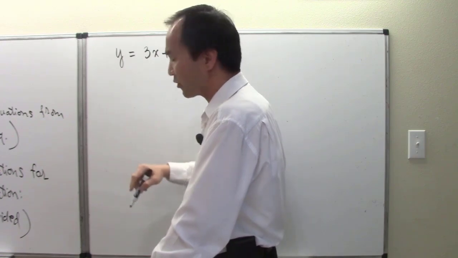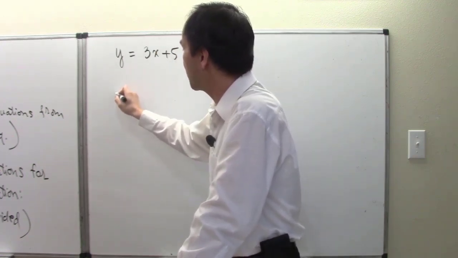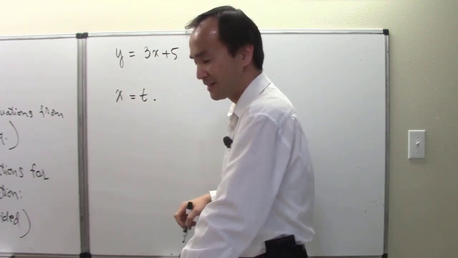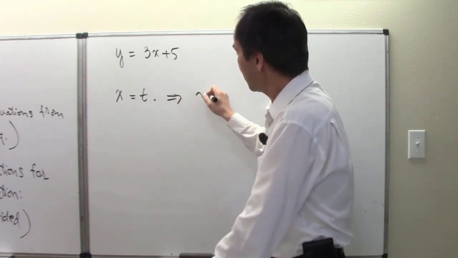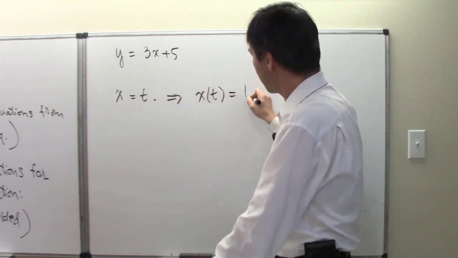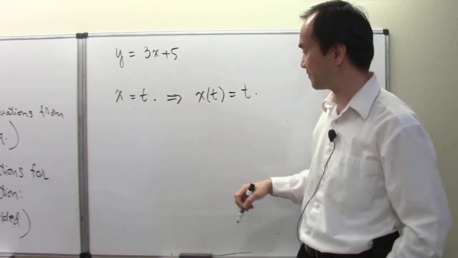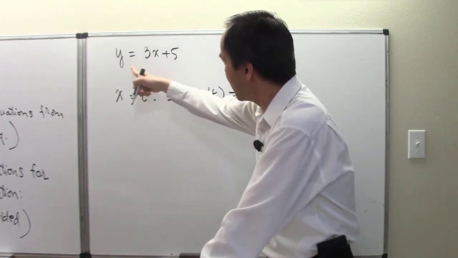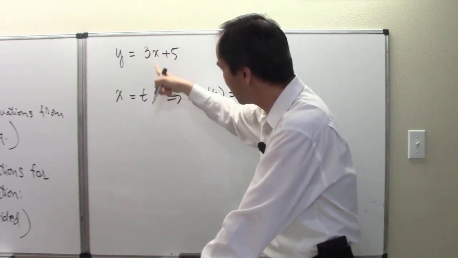So the trivial solution, the easiest way to get there, is we're going to purposely set x equals t. So x equals t means your function x of t is defined as just t. You already have the parametric equation for x. And then think about it: y equals 3x plus 5, but x equals t, so you can substitute t for the x.